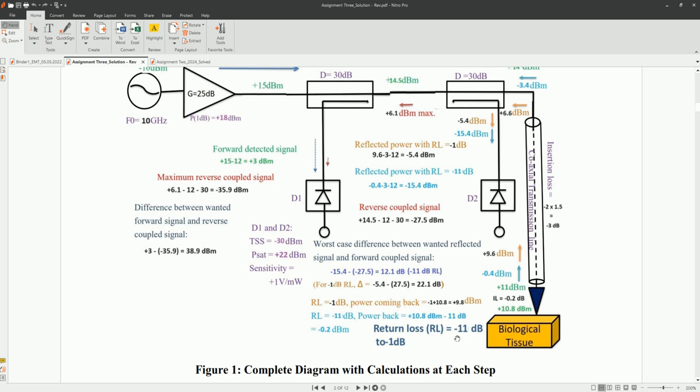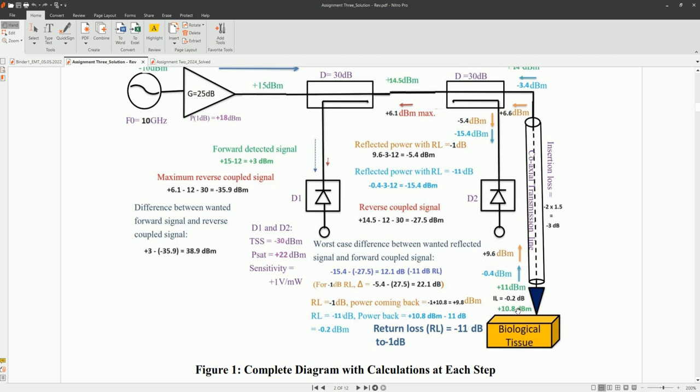For the -1 dB, we simply subtract: 10.8 minus 1, we will have 9.8 dBm. From 9.8 we subtract this 0.2, and we will have 9.6 here.